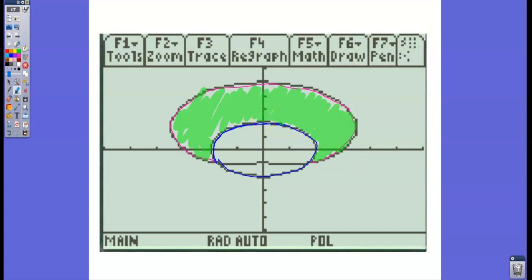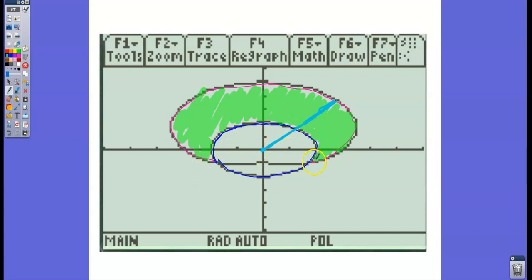Okay, and for this region right here, if I take any segment from the origin out through this region, you see that for this segment right here, the fuchsia colored curve is the outer curve, the blue colored curve is the inner curve, and so this is going to be our outer boundary, and this is going to be our inner boundary.